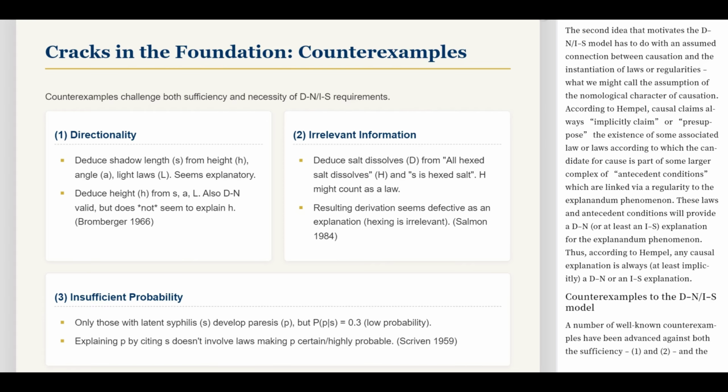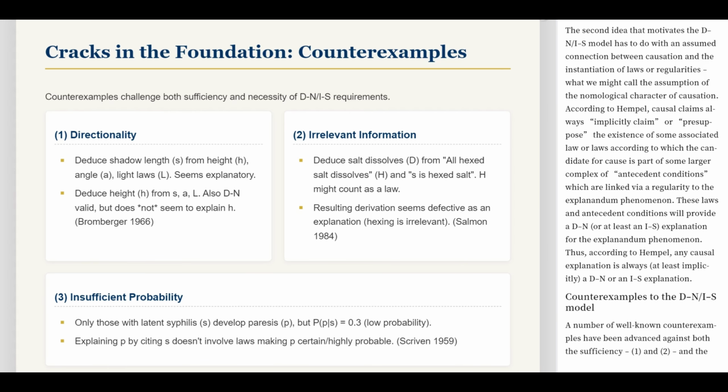Fine. Now, reverse it. Knowing the shadow lengths, the sun's angle, and light laws, you can deduce the pole's height. Logically valid deduction, check. But intuitively, does knowing the shadow length explain the pole's height? Most people would say no, the direction matters. That's Bromberger's famous asymmetry.